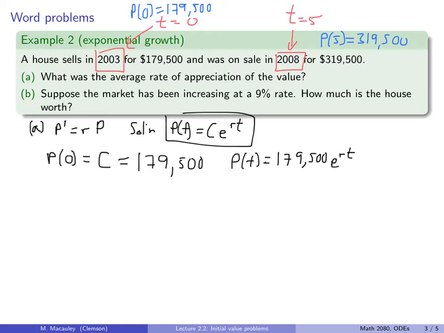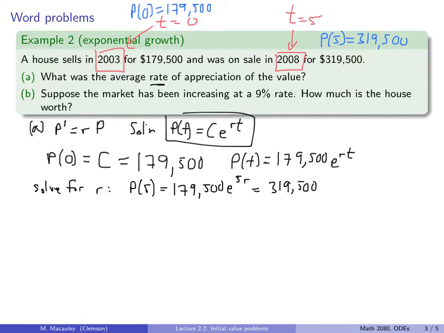So we're going to solve for r. Remember, that's the rate that we're looking for. So p of 5 is, plug in 5, we get 179,500 e to the 5r, and set that whole thing equal to 319,500.